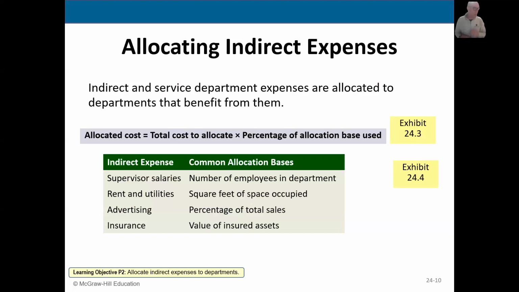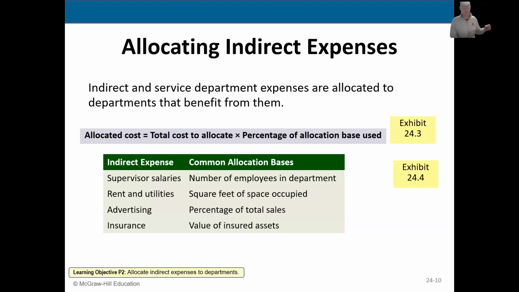Another example is rent and utilities. Rent's for the whole store. The utilities are for the whole store, not just the jewelry department. So how do we allocate rent and utilities? We do it based off of the square foot of each department. So how do you do that, you might ask?